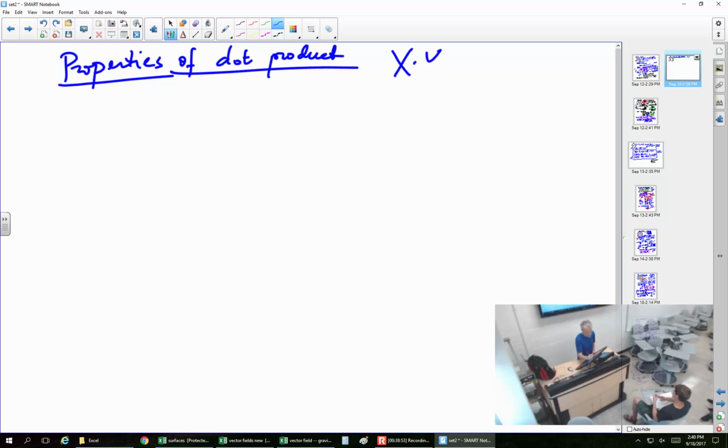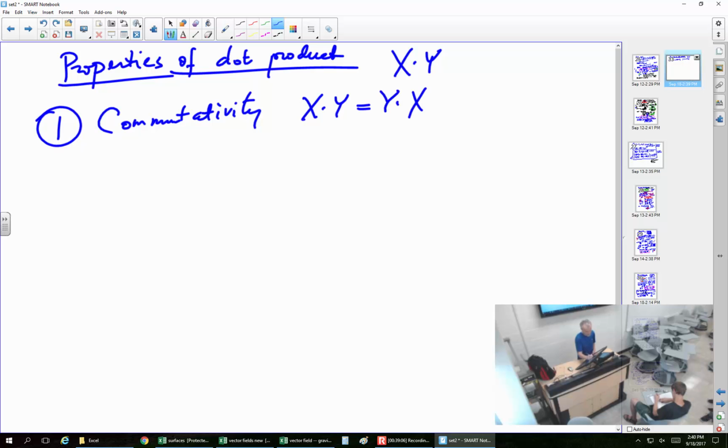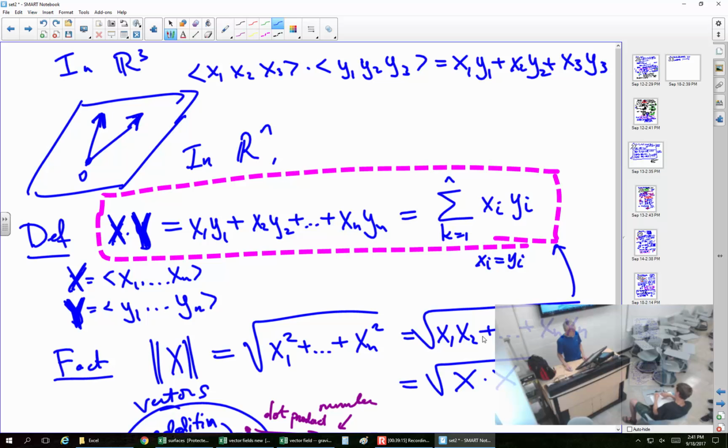Okay, so x dot y. Well, one thing that comes right to mind, I hope, is commutativity. If you just look at the formula, it doesn't matter. Just like we have commutativity of numbers, we can flip these 2, and those 2, and these 2, and then we can flip the whole thing.